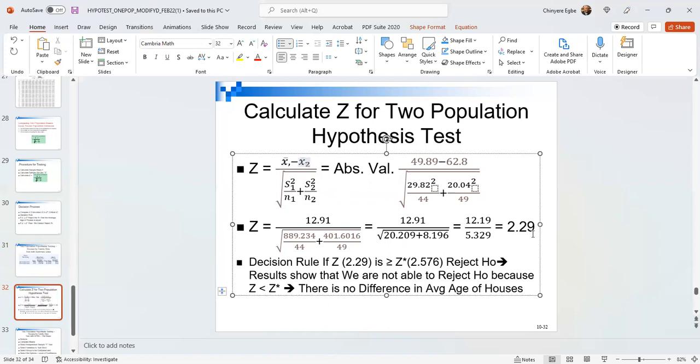And so now we apply the decision rule. The decision rule: if Z, which is 2.29, is greater than or equal to Z star 2.576, we reject the null hypothesis. So my question to you right now is, is 2.29 greater than 2.576? I want to hear an answer.